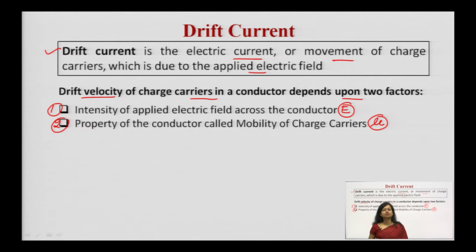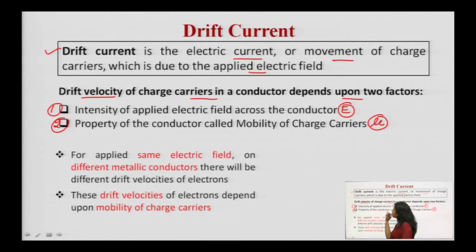Whether the charge carriers are minority or majority, if there is a drift, mobility will also be an important factor. So there are two important factors, the electric field and the mobility, upon which the drift velocity of charge carriers depends. You must remember both of these points.